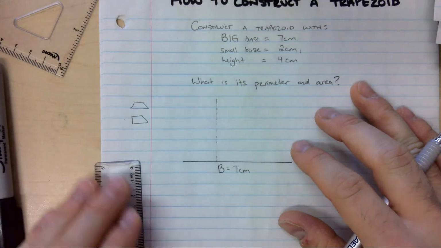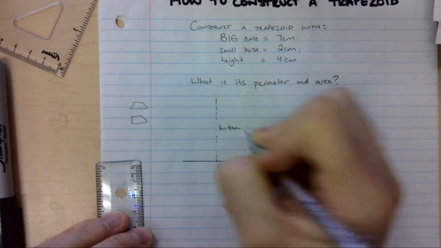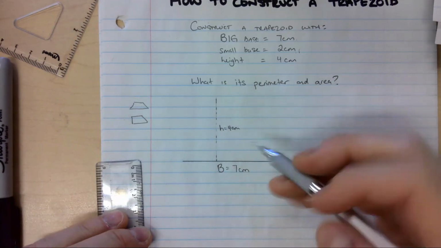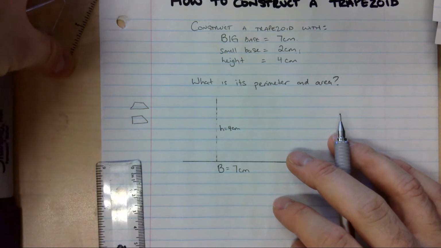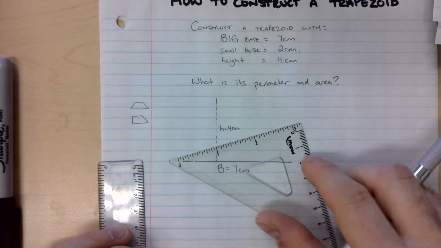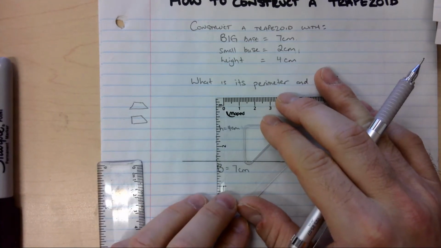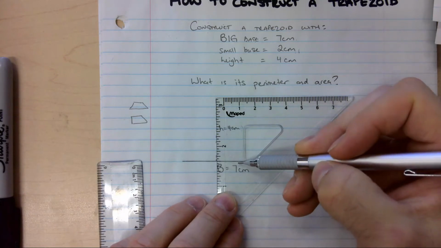Okay, so I have a height of exactly 4 centimeters. I have my big base. Now I have to make my small base. So how am I going to do that? Well, just like the rectangle, I need to bring my set square back so that I can create a line that I know is going to be parallel to my big base.